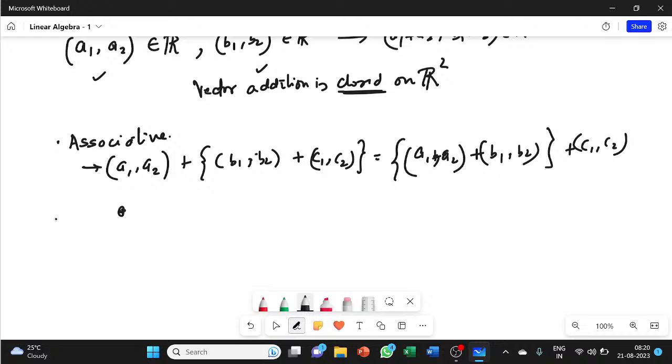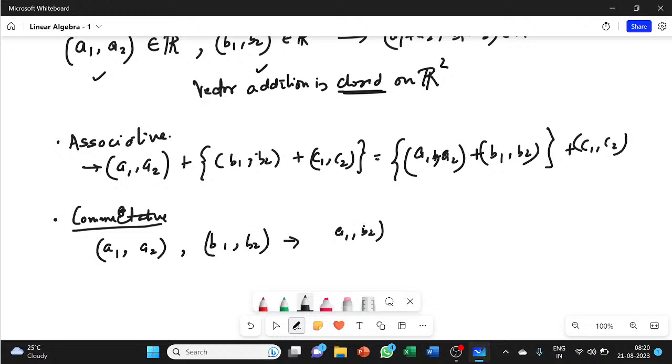Similarly, another property that you can think of is commutativity. That is, vector addition could be commutative as well. So what do I mean? If I have two vectors a1 comma a2 and b1 comma b2, whether I do this or I do this, it will yield me the same result, isn't it?